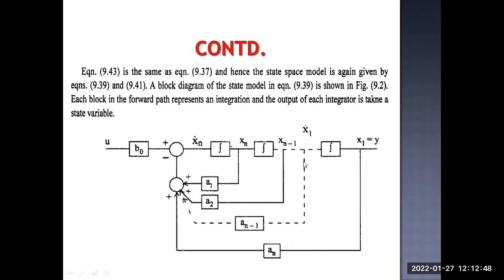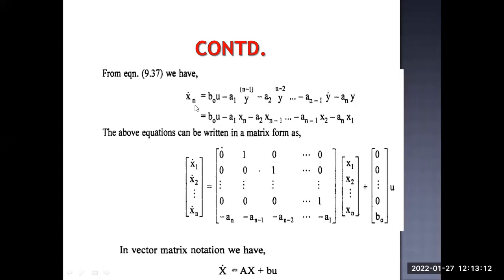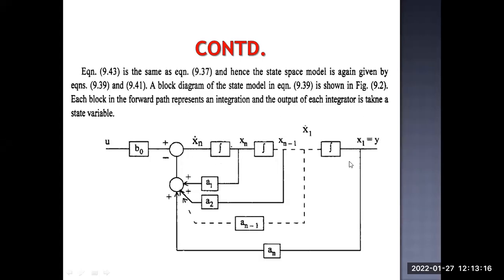All these terms are added here and go to the input as a negative input. This is equal to xn dot, so xn dot is your input. So xn dot equals b0 u minus all these things. That's what we have written here. So this is the representation in block diagram form.